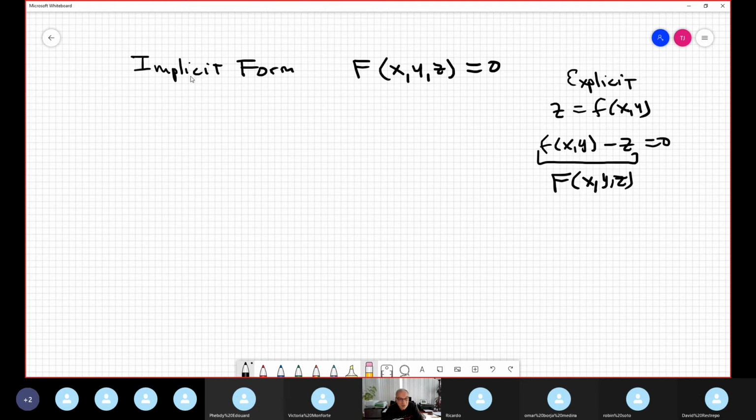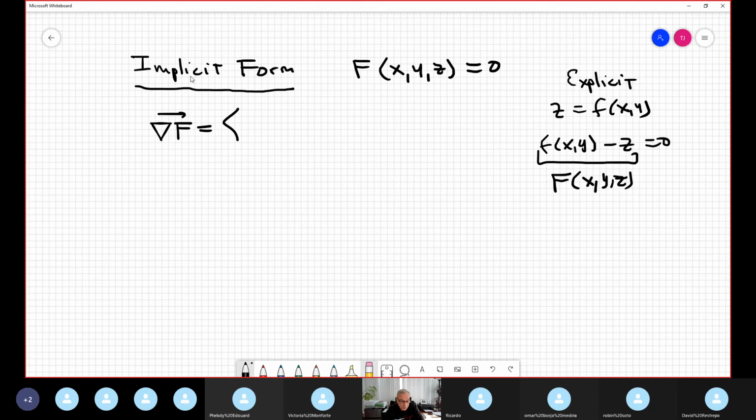It's important using maybe this. Some people prefer implicit. To derive the formulas for the implicit one, the thing you should do is compute the gradient of this.